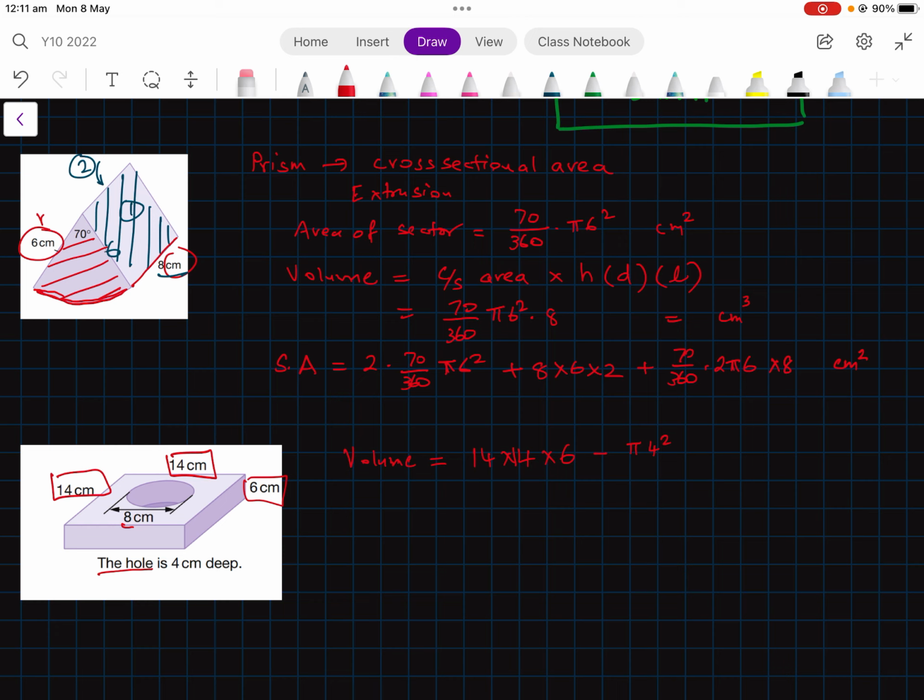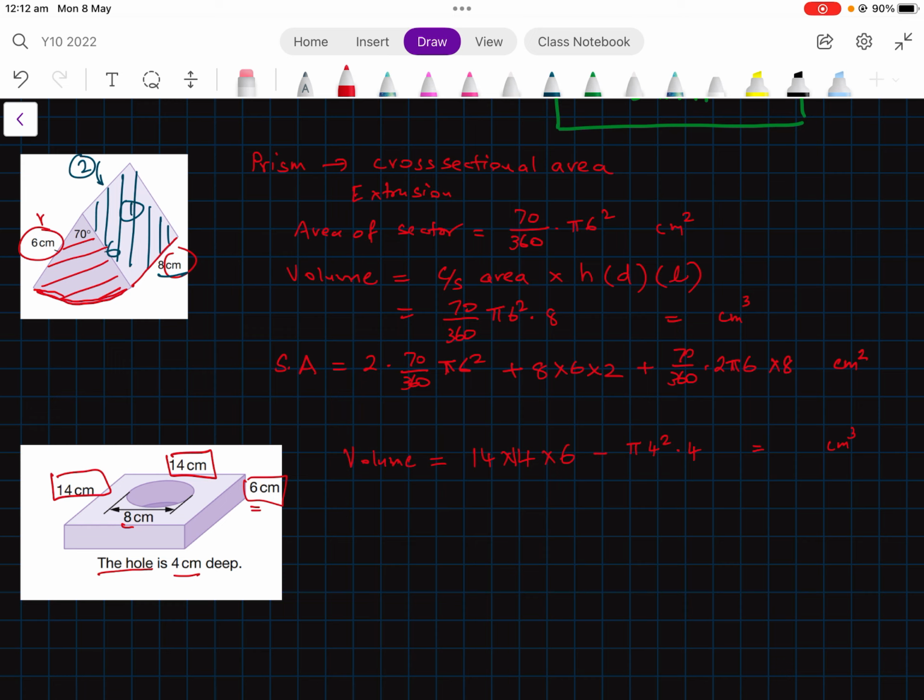We need to note that this one is not going through and through the solid prism. It's only going up to a certain depth of 4 centimeters compared to the thickness of this prism being 6. So this is times 4. Obviously use the calculator, find this, and this should be centimeter cube because all the units are in centimeters.